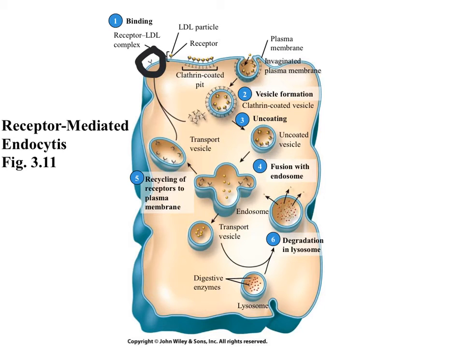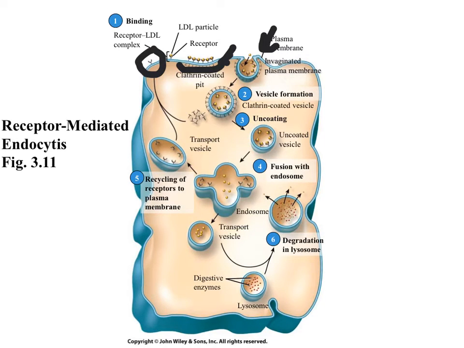And what you can notice is that down here in this area where it has the clathrin-coated pit, all those are receptors, and they're binding to the specific particle that's there. So when enough particles bind to the receptor, it causes this part of the plasma membrane to invaginate, and that's what you see here, and it takes that part in.